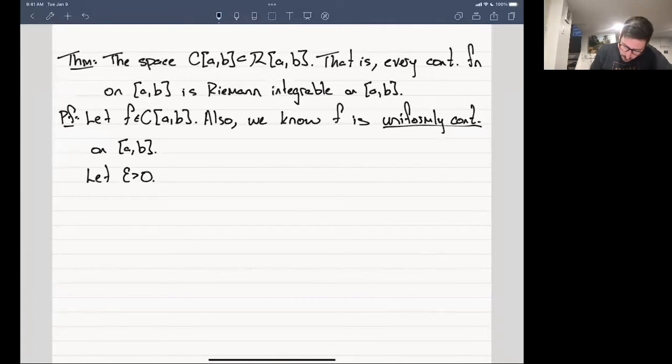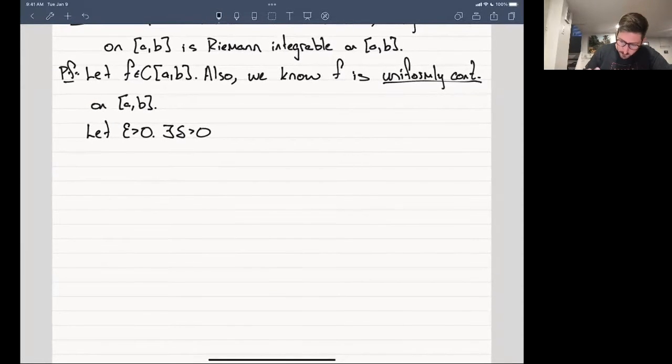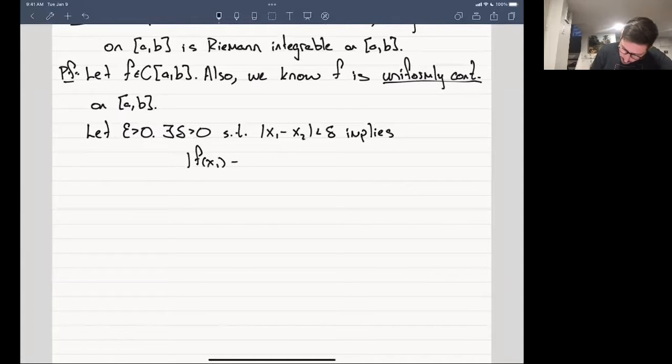Then we know there exists some delta greater than 0 by the uniform continuity of our function f, such that if I take 2 points in the domain that are within delta of each other, this implies that their images under f are within some appropriately small value of each other. And I say appropriately small because I get to choose what it is, as long as it's positive. So I'm going to choose epsilon over b minus a, the length of the interval.